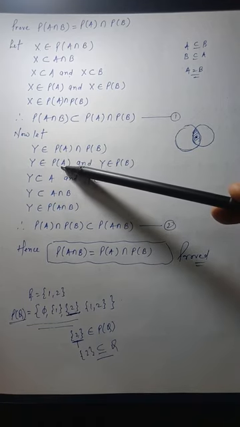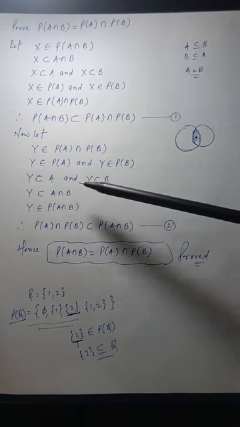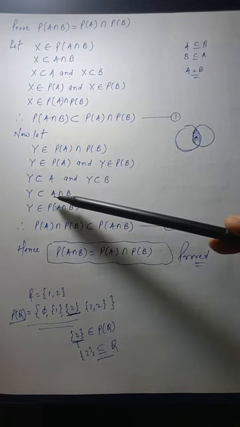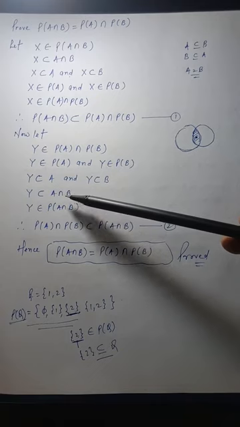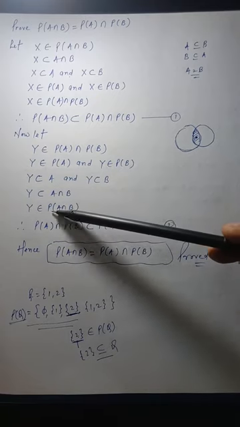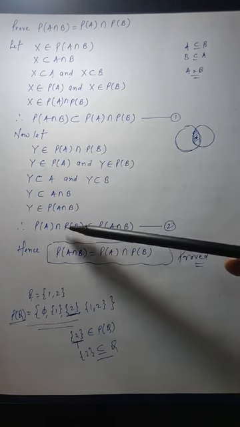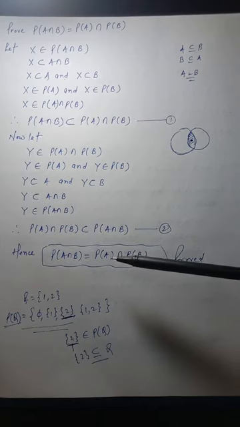If Y belongs to power set of A, it means Y is a subset of A and Y is a subset of B. And if Y is a subset of both A and B, it means it is a subset of the intersection also. If it is a subset of the intersection, it means it will belong to power set of the intersection. So this is a subset of this. So from equations 1 and 2, both are equal. I hope it is clear.